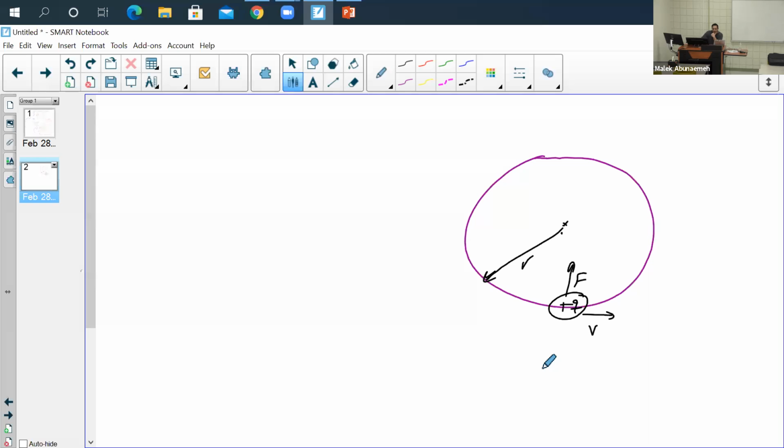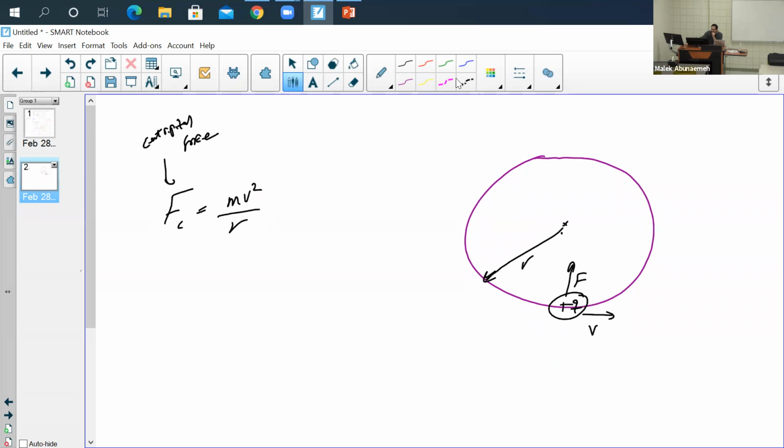So you're going to have a velocity v going in with the q. That's where you bring us to your centripetal force, which is mv squared over r.